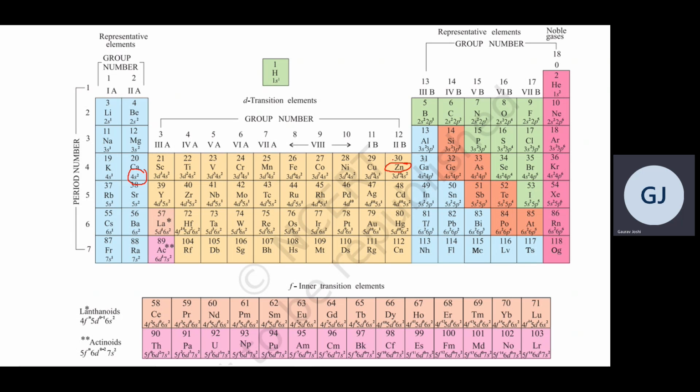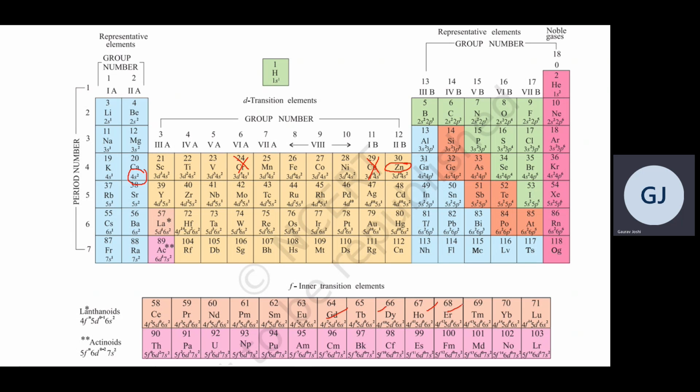As homework, you can practice with different atomic numbers, except chromium and copper, right? Chromium and copper are the two exceptions in the periodic table. I'll be discussing them in my next video lecture. You can also try with some f block elements.